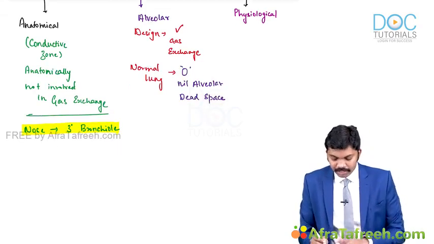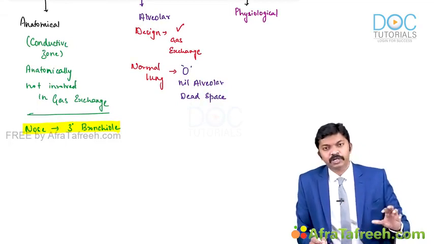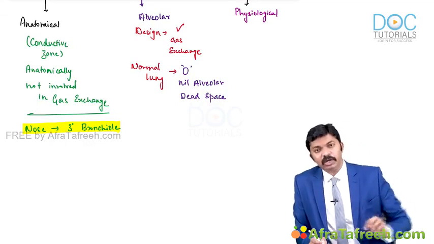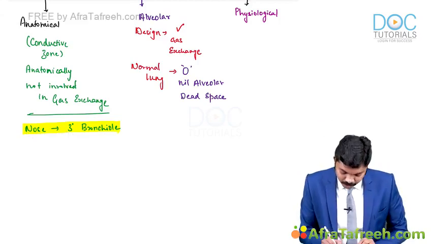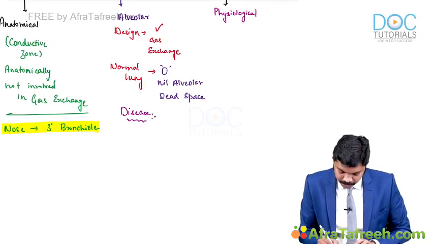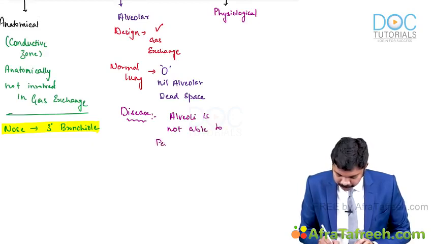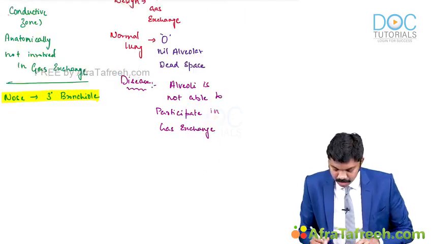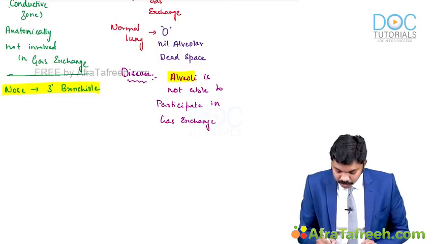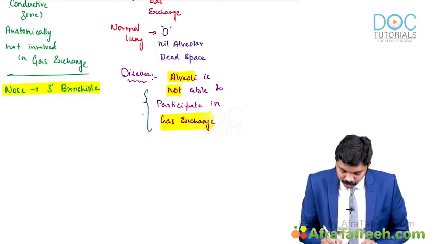Now, when there is a condition with some disorders, in disease states, when the alveoli are not able to participate in gas exchange, the volume of those alveoli is called alveolar dead space.